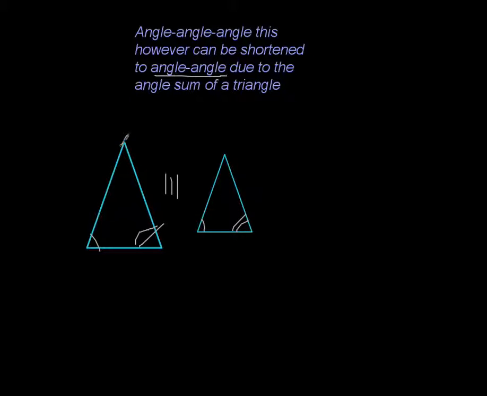If these two angles were exactly the same as each other, the corresponding ones which I've drawn out, this one to that one, this one to that one, they would automatically mean that these two top angles would be exactly the same due to the internal angle sum of a polygon, which is 180 for triangles.